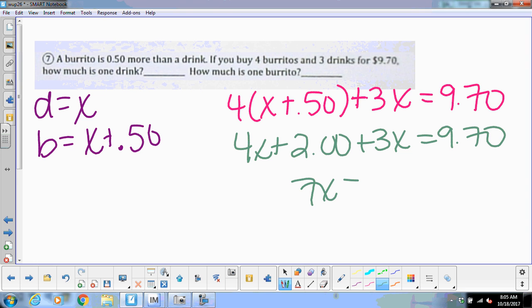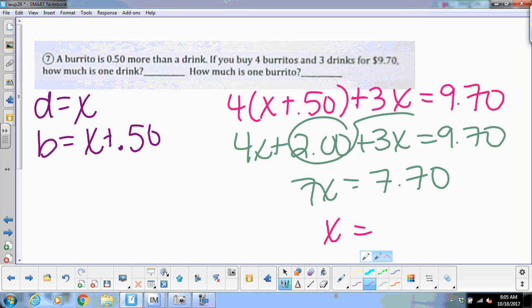So 7x is going to equal 770, and when you divide by 7, x here is going to equal $1.10. Okay, so now x is representing your drink, and you add your 50 cents to that, which makes a burrito $1.60.